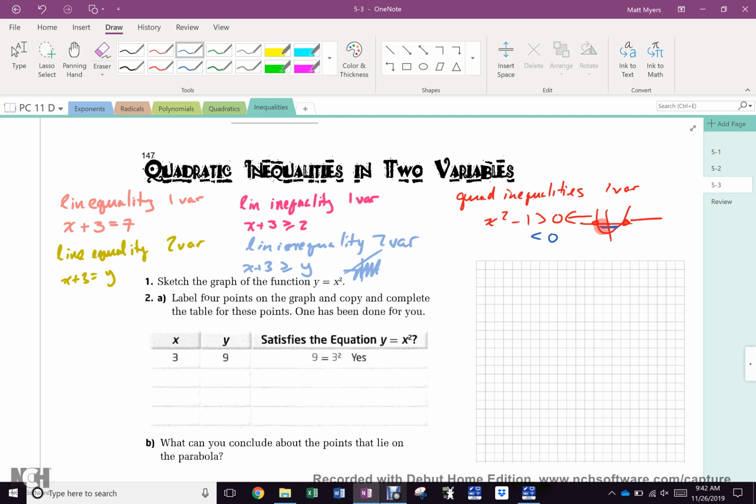Now you notice the title of this section is two variables, correct? All right, so let's do that. So the first thing I want you to do is sketch me that graph. Y equals x squared. That's super easy. That was the very first thing we ever did in quadratics, yes?